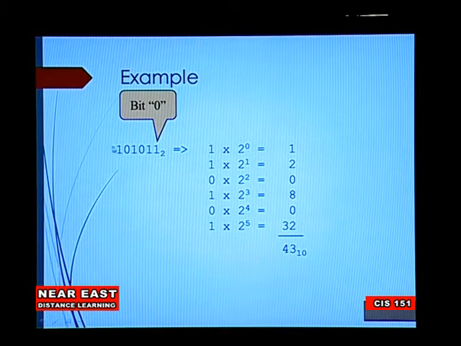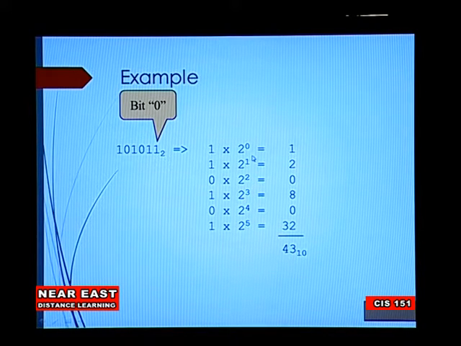We take the 1, then the 0, then 1 again, 0, 1, 1. We write the number from the bottom to the top, and we write the base here. We multiply it by the base 2, which is binary. And we write the weights: 0, 1, 2, 3, 4, 5.